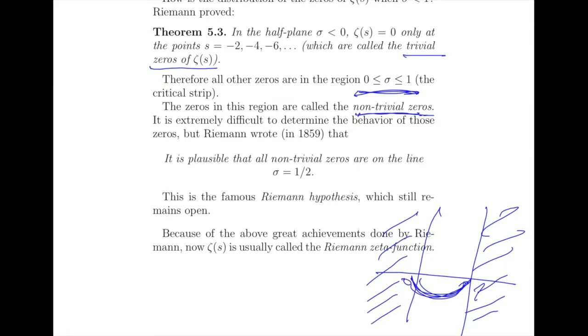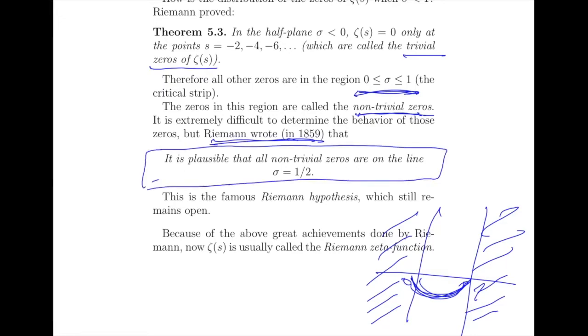But Riemann already noticed in his famous paper published in 1859 that it is probable that all the non-trivial zeros in this strip are on the line where the real part of s is one half, the central line of this strip.